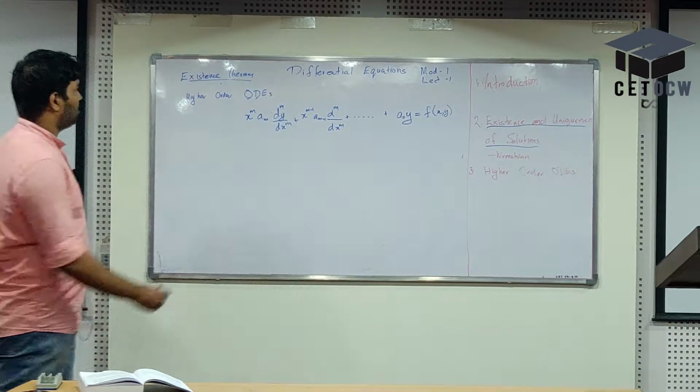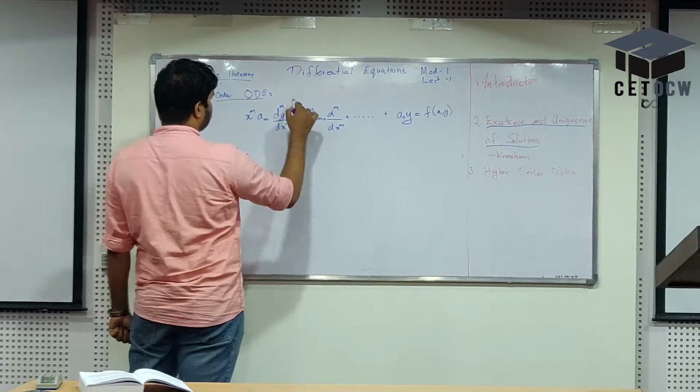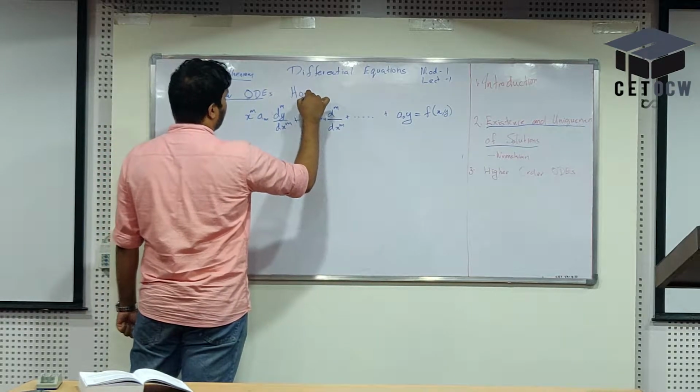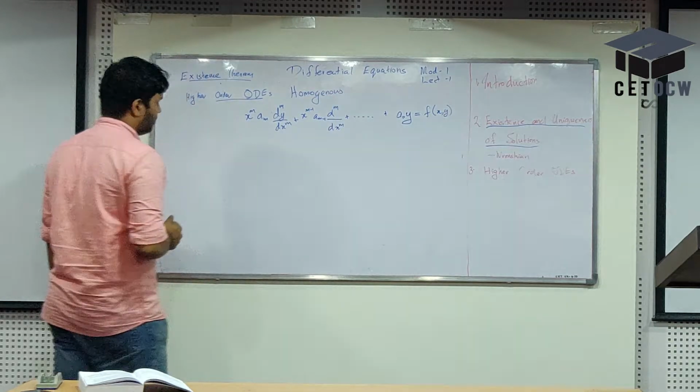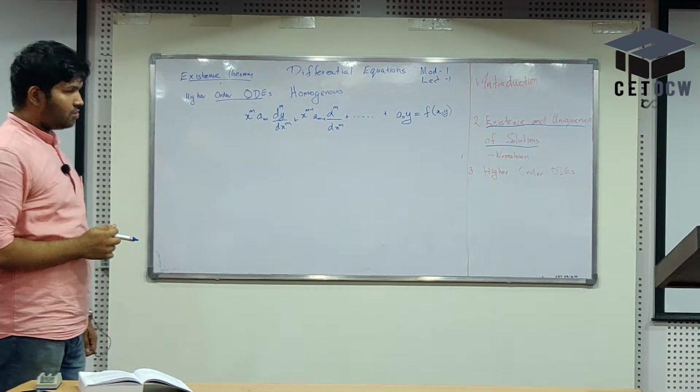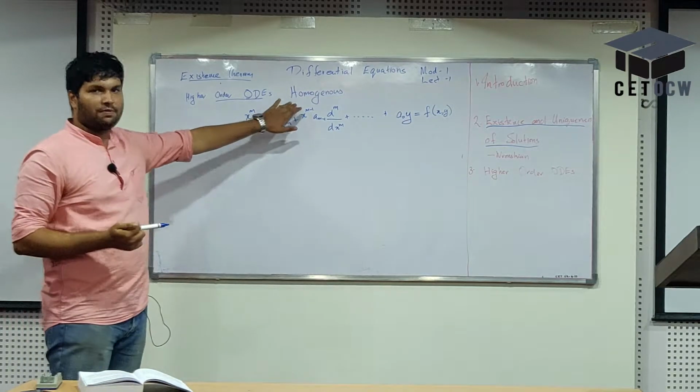We need to be talking about not just higher order ODEs, we need to talk about homogeneous higher order ODEs. So what is meant by the homogeneous part of this?